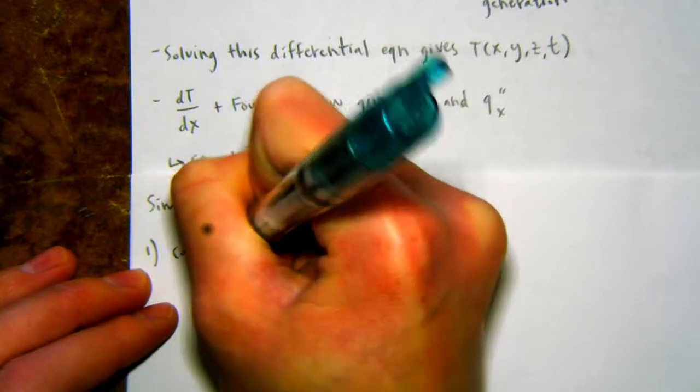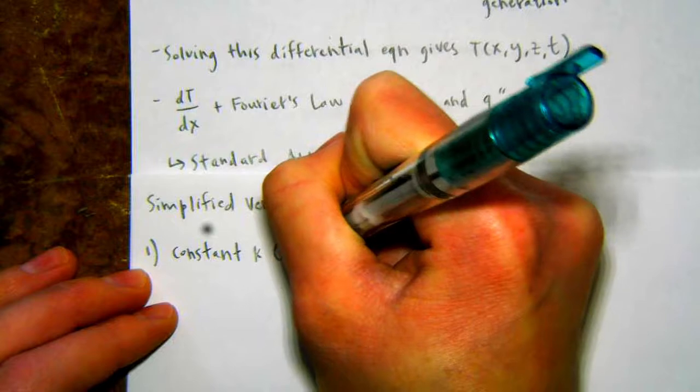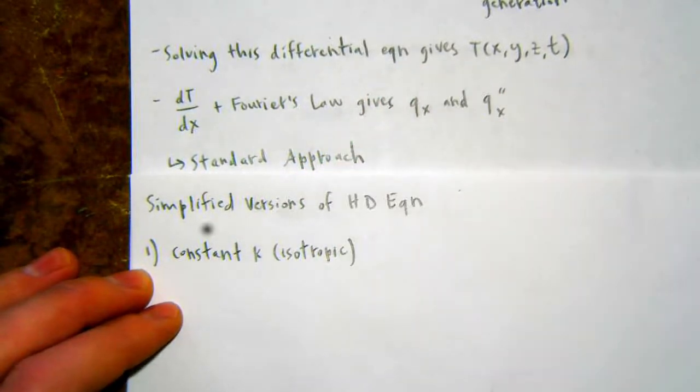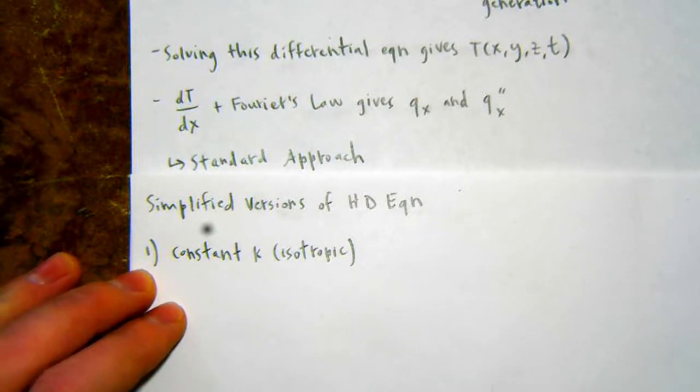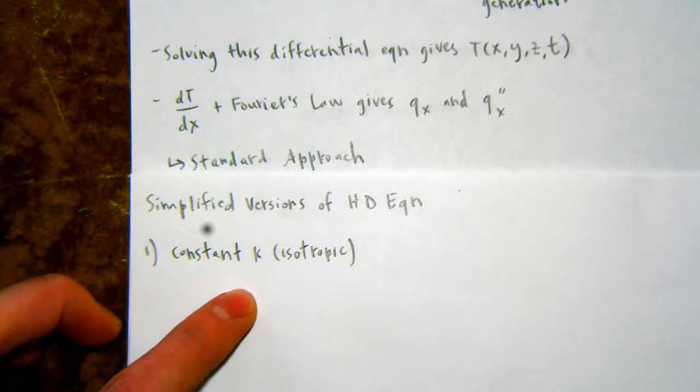So standard assumption, we'll assume that we have constant k. Remember, that's the thermal conductivity, so the material property. So we're basically assuming that the material is isotropic, so the thermal conductivity does not vary spatially.